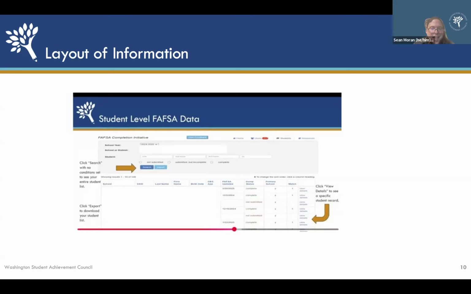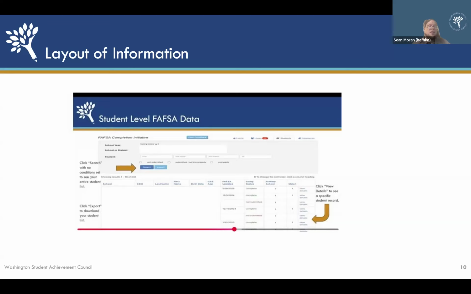Okay. And then FAFSA updated, that is the last transaction update. That means that if a student has completed the application, but they had errors before, it will have the completed date, not the has errors date. If they've changed things because they did a correction, that will also be the date you see.